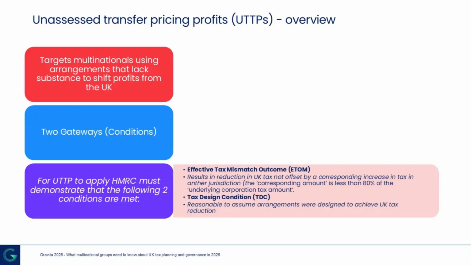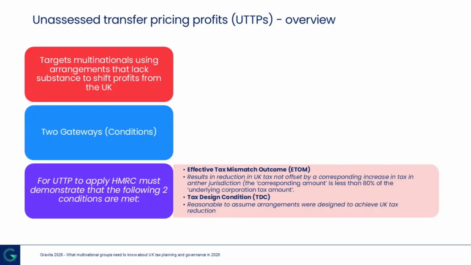Just looking a little bit more at these unassessed transfer pricing profits. It's a bit messy before HMRC can take further action on this. There has to be an effective tax mismatch outcome, ETMO. It's not ETOM, for those of you awake, that's a little typo there, so please take note.